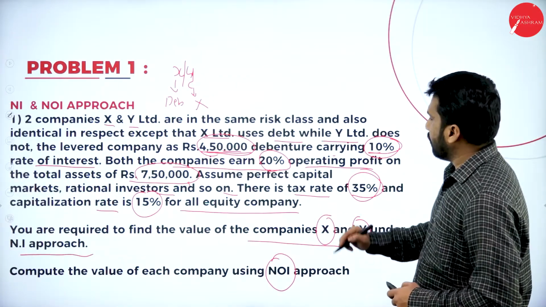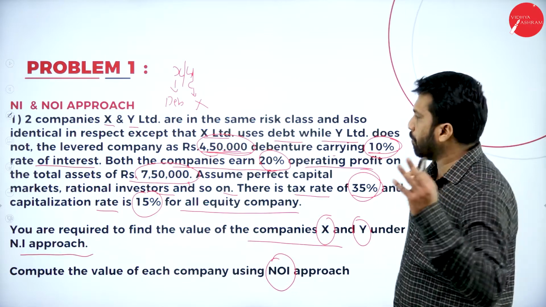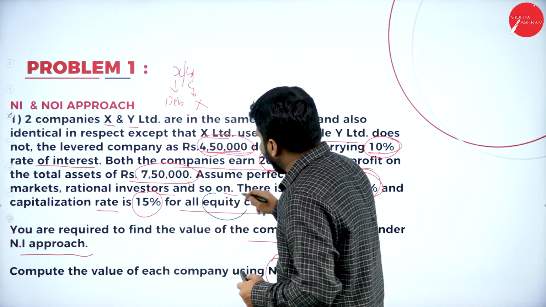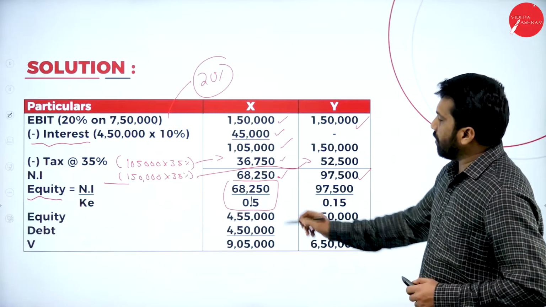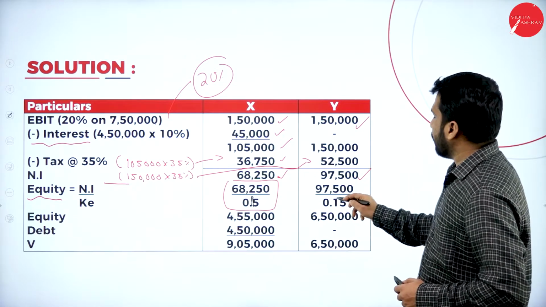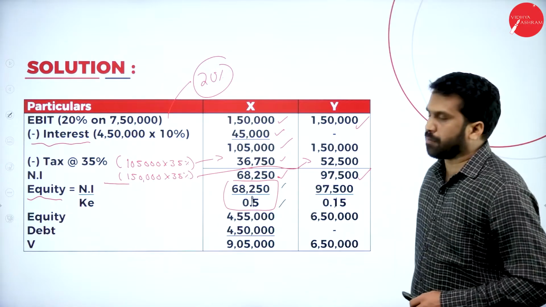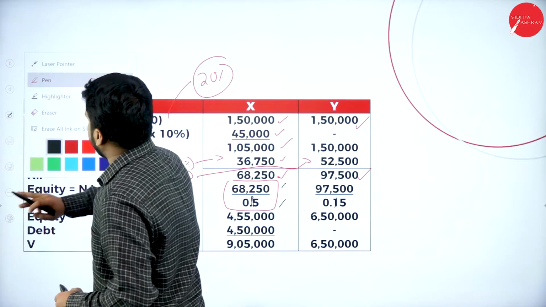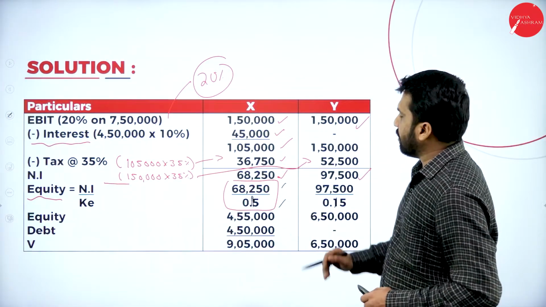It is already there. So we have 15%, that is equity, not cost of capital, because they have mentioned that it is for all equity. Equity means cost of equity. Now, so we have 0.15. Your value divided by your percentage. If you calculate this, your equity is how much?